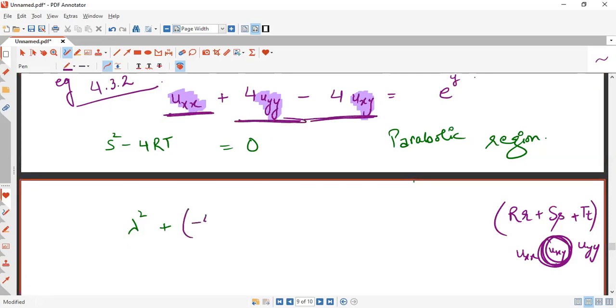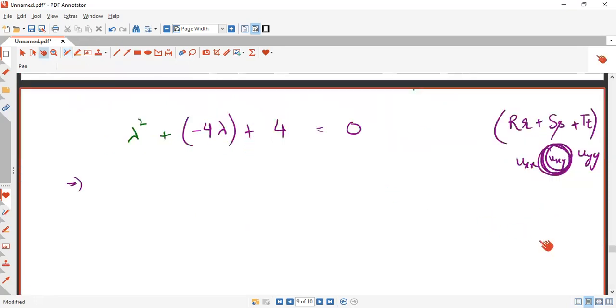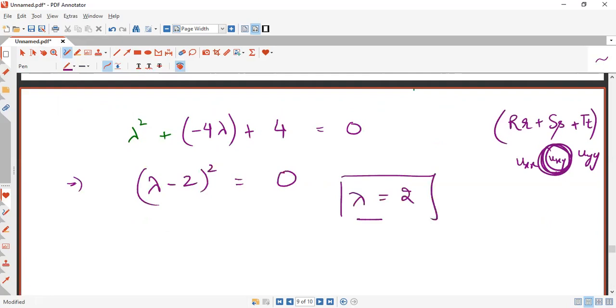So it will become lambda square minus 4 lambda plus 4 equals to 0. Let's find the solution of this. The solution will become lambda minus 2 whole square, so lambda equals to 2 you got.